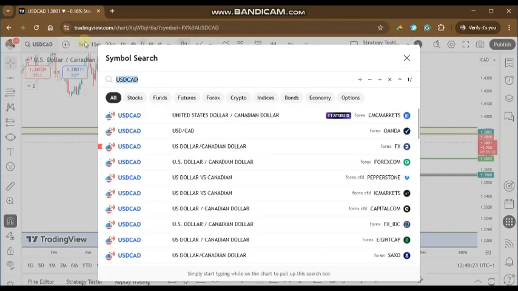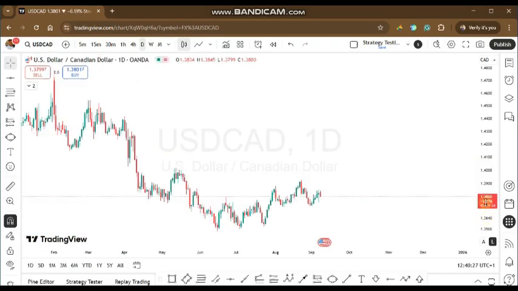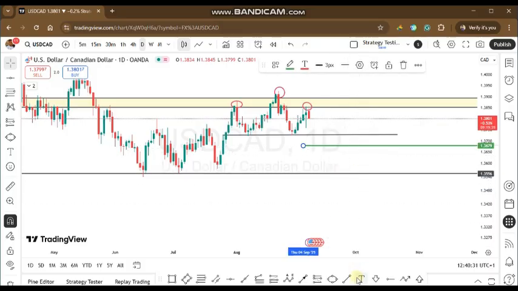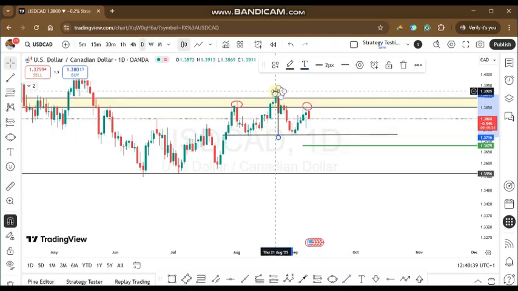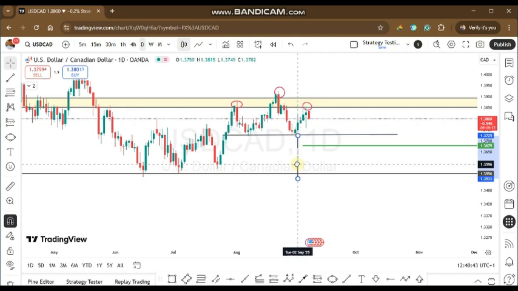Let me go back to the USDCAD I was using to analyze so I can explain some things better. If I say head and shoulder pattern, the first target is, once the neckline is broken, you mark the range from here to this point, then extend it down.